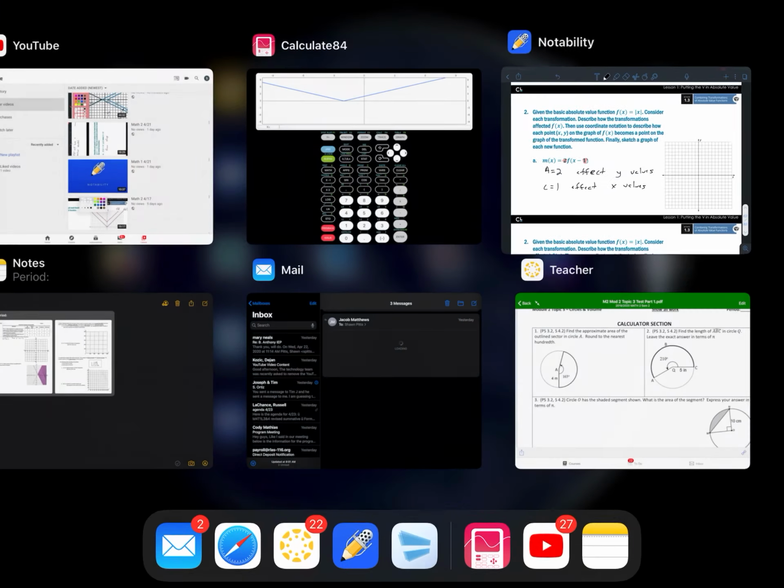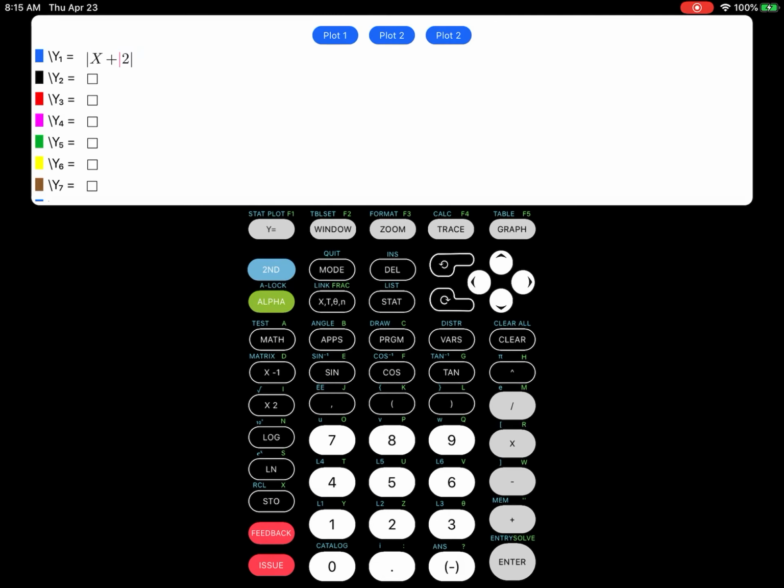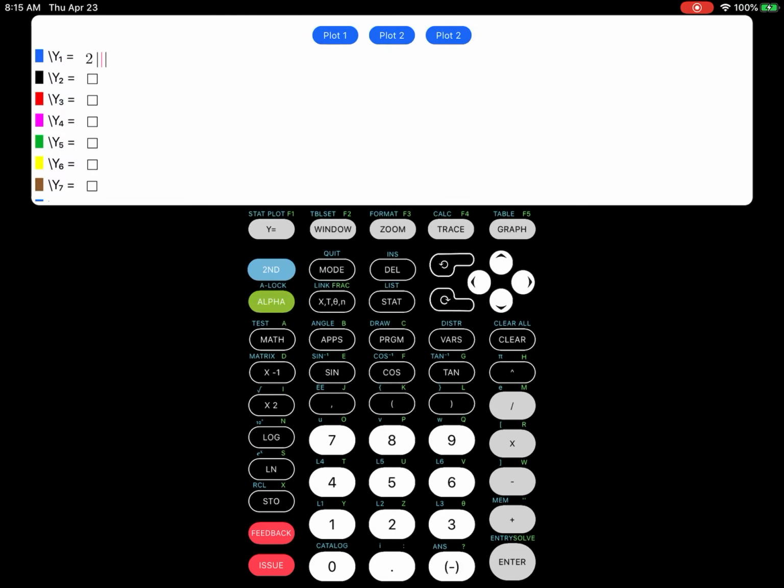So we plug this in. We pull up our calculator and hit y equals, and clear all this. We would hit 2, math, right, 1, hit the absolute value, and type in alpha x minus 1. Sorry guys, I'm looking at the problem.